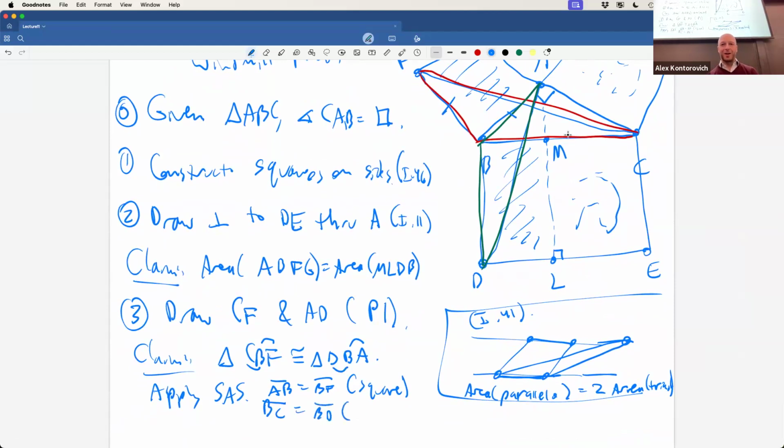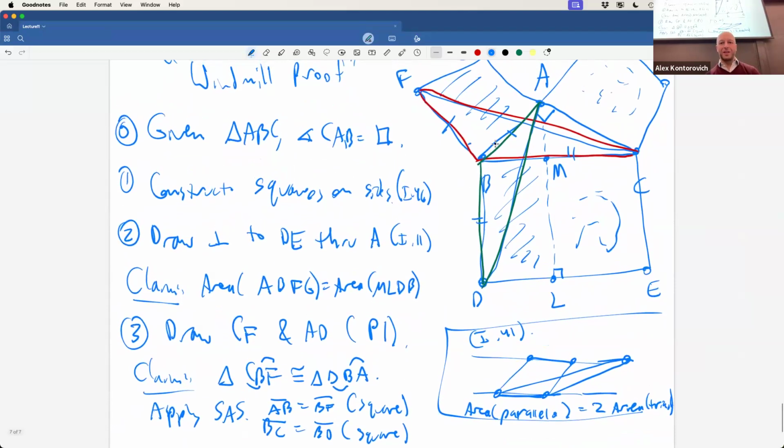Why? Square. And then I claim that the angle in between them, this angle, is the same. Let me make this angle in red. This angle in red is the same as this angle in green. Why?